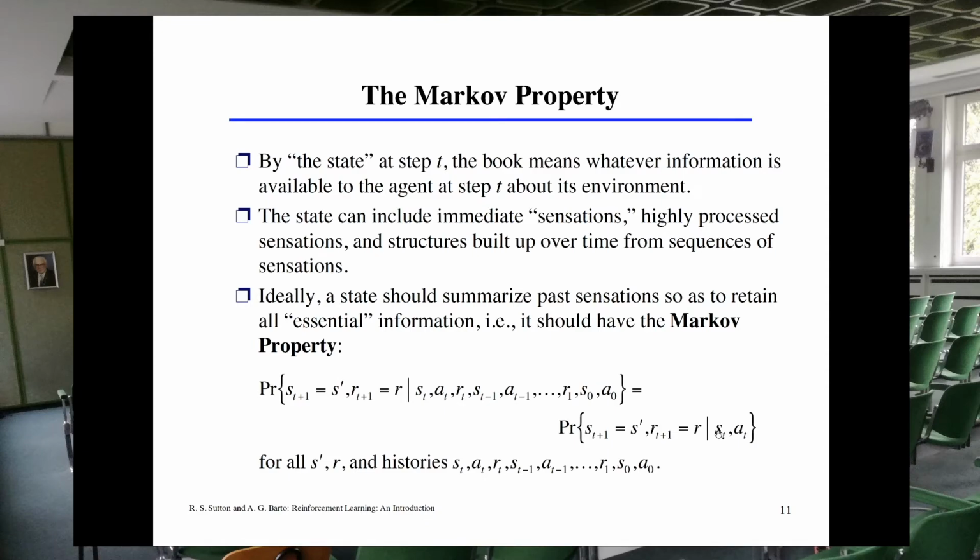So it means that if the environment has the Markov property, we don't need to know the whole history of transitions from the start state to the current state. We just need to know the current state and current action. So these two probabilities will be the same in an environment with the Markov property.